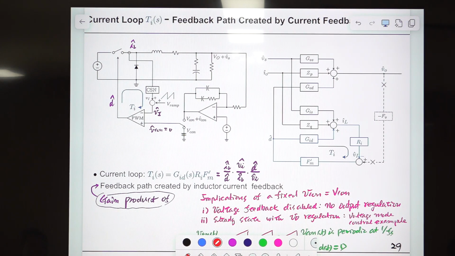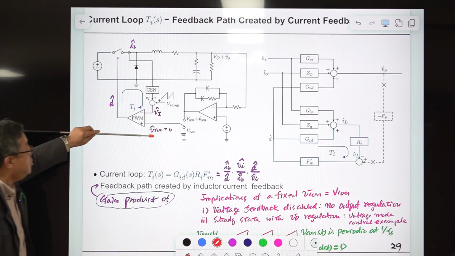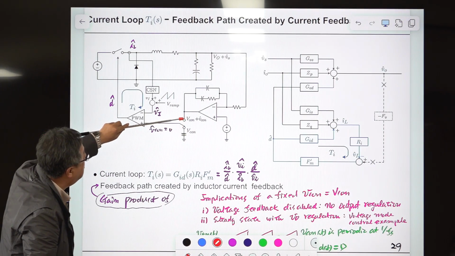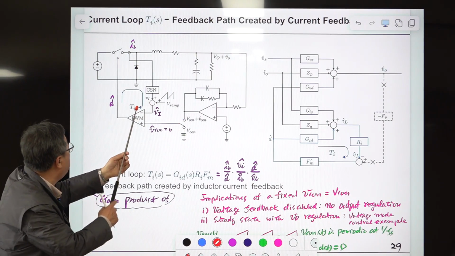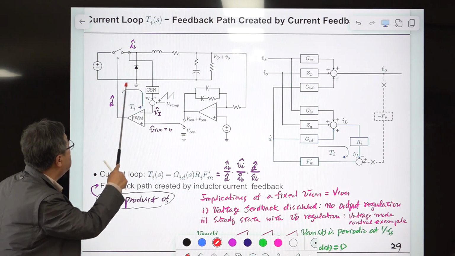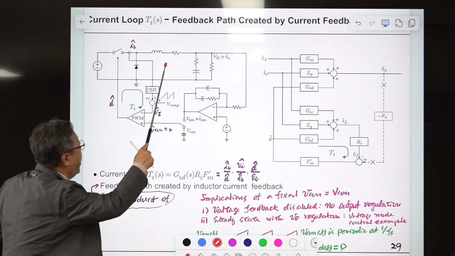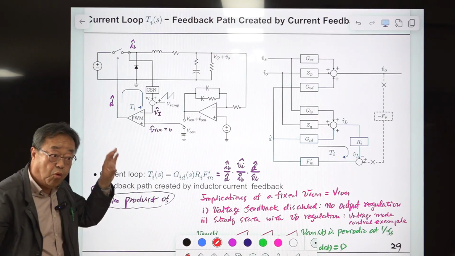So when you are talking about the current loop, this voltage loop is disabled, dead. Assume there is a switch here. There is the regular voltage mode control, which employs inductor current feedback or switch current feedback and output voltage feedback all together.